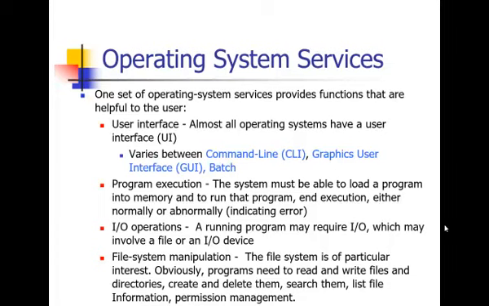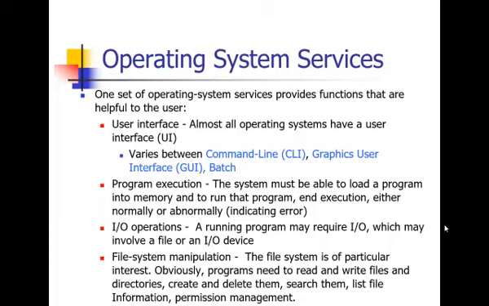Another important service is program execution. A user will be able to install different applications, so they can run multiple programs. When we run multiple programs, it has to be properly managed: what programs are to be executed and how they are executed, and if there are any errors, how to handle the errors. Those are parts of program execution.